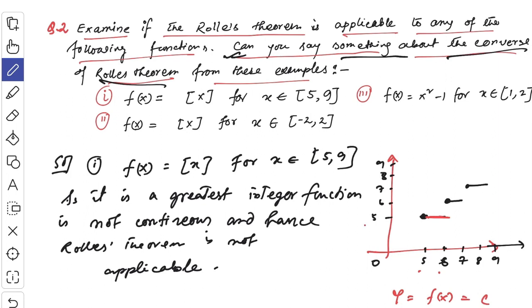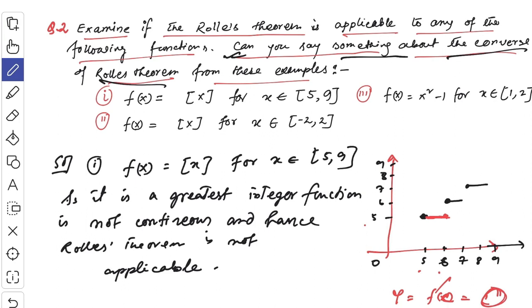It is 5 or whatever it is. So if you differentiate it, you will get 0. That means there is a real number between these, not only one, many real numbers, an infinite number of real numbers, for which f dash c is equal to 0.